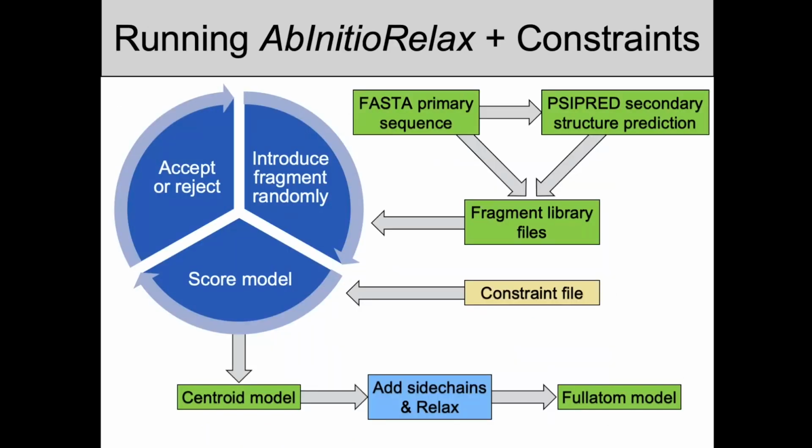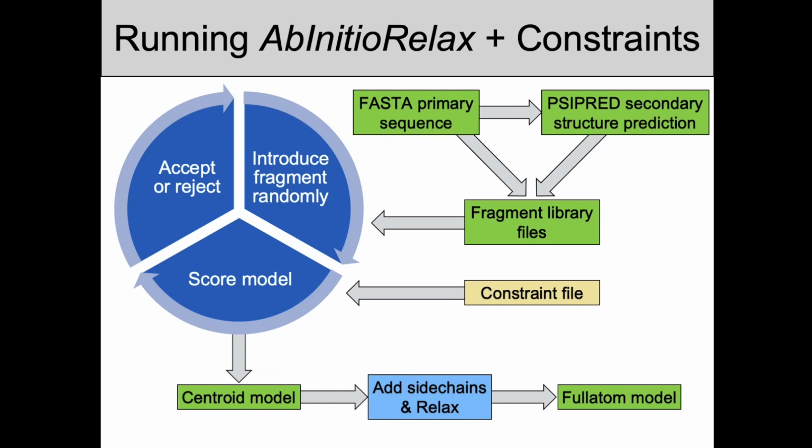But at the end of the day, regardless of where these constraints come from, they're all going to be passed the same way to the Rosetta EPR protocol, which is as an additional score term when you're evaluating the model.